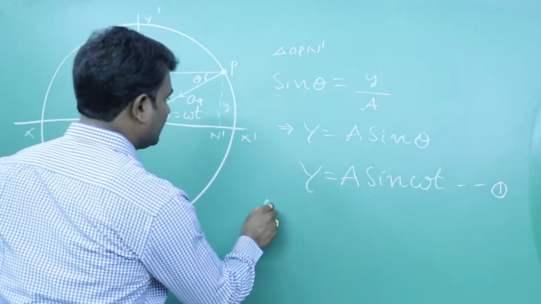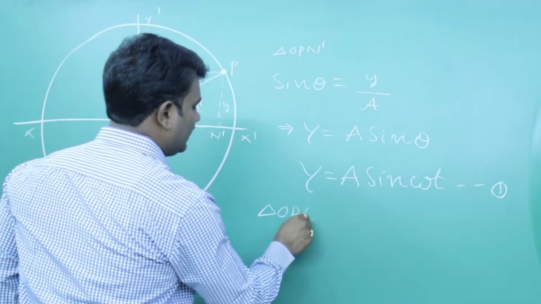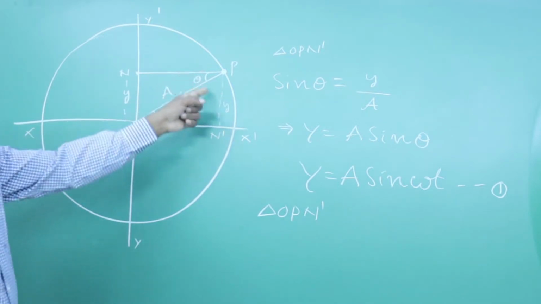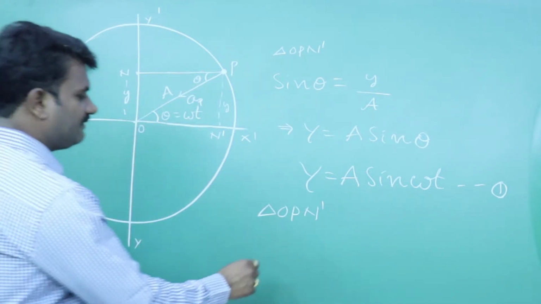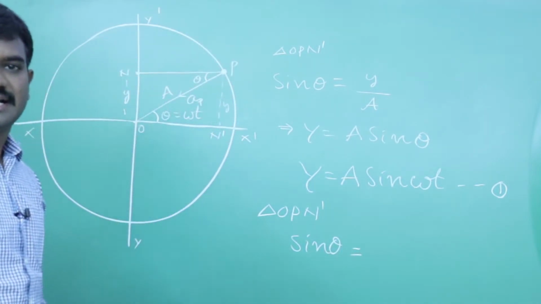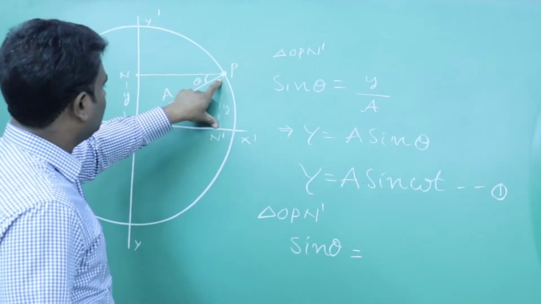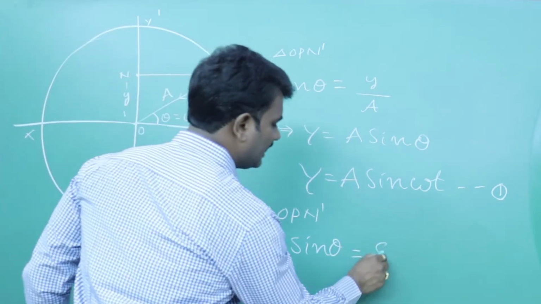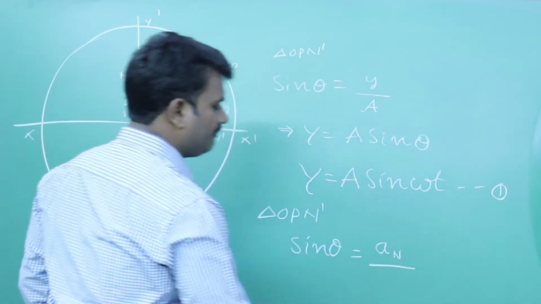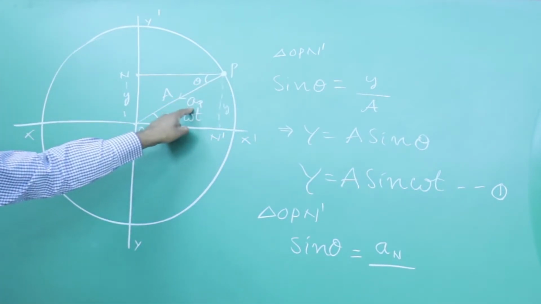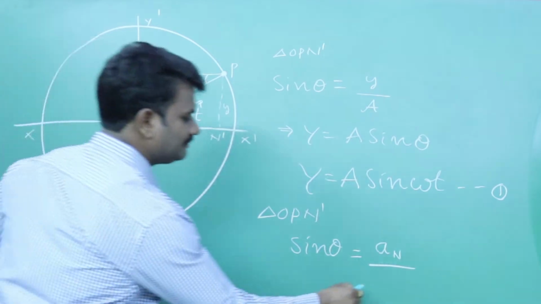For that also I am taking a triangle OPN or OPN dash. We can take any one. This is theta, this is also theta. So from this again if I take sin theta, now I am taking accelerations. The ratio of acceleration along the opposite direction, means the acceleration of the normal, which I represent with AN, by the acceleration along the hypotenuse, that is towards the center, that is AP.